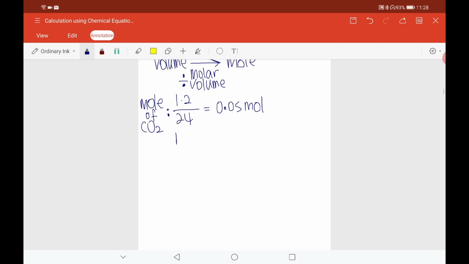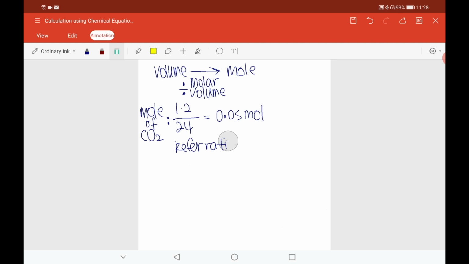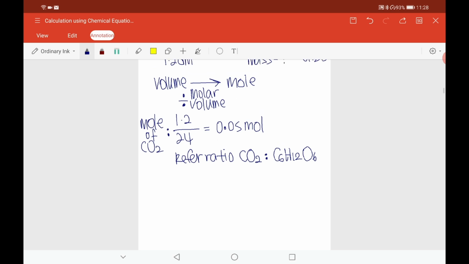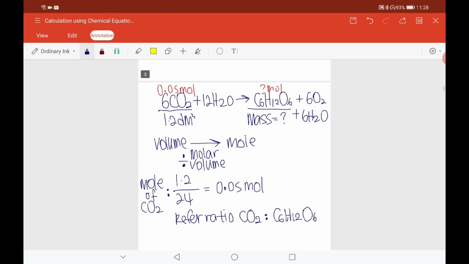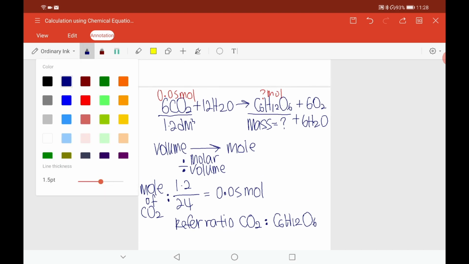You can write it down like this. The ratio we refer to is between carbon dioxide, which is what we have, and glucose, C6H12O6, which is what we want. The ratio is the number in front of each substance in the equation.